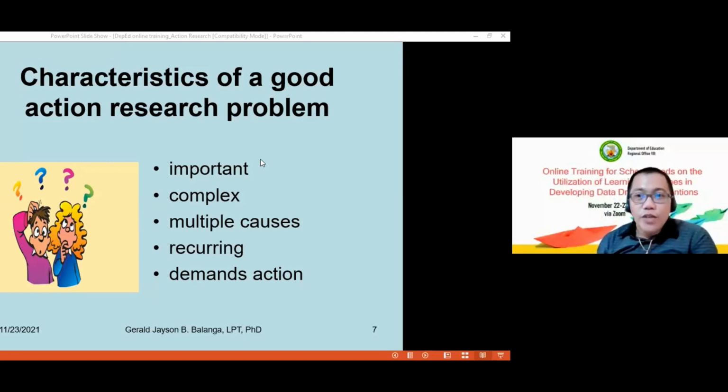So you can actually do an interview. Bakit hindi ka nagsasubmit on time? Kasi ang causes may be multiple. And worse if it's recurring, meaning every week the modules are submitted late. And of course those that demand action.